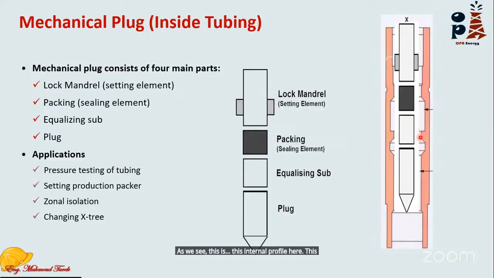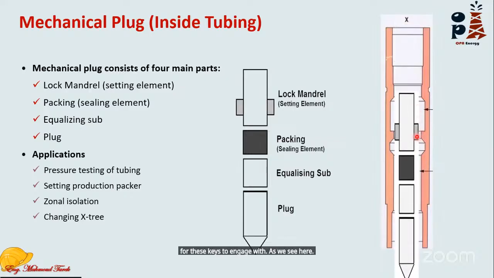This internal profile, whether X profile, P profile, XN, F, R, whatever the profile, makes a recess for these keys to engage with. As we see here, this locking mandrel will go down, and this setting element or the keys will engage inside this internal profile of the landing nipple.